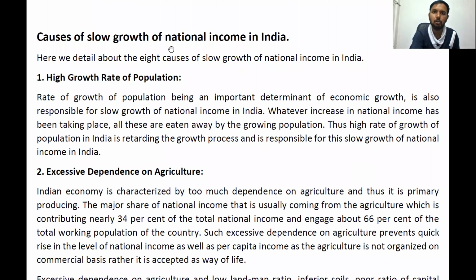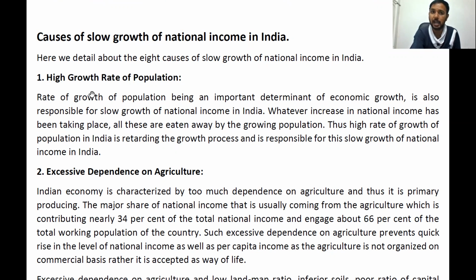Causes of slow growth of national income in India. So here guys, we have the point, that is causes of slow growth of national income in India. Why is there a slow growth rate of the economy in our country, in India? So there are certain reasons. The first one is high growth rate of population.